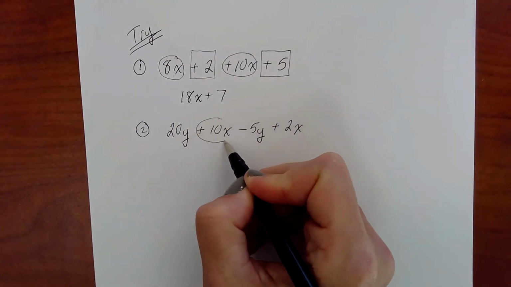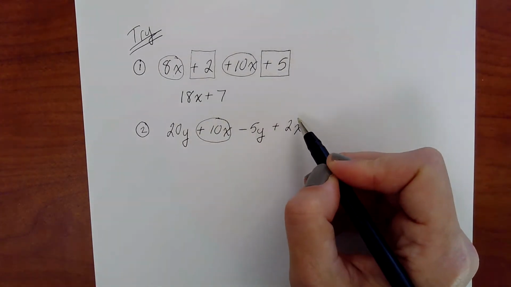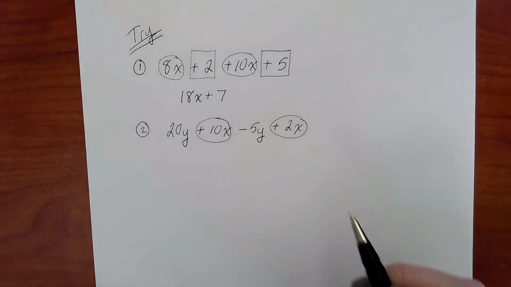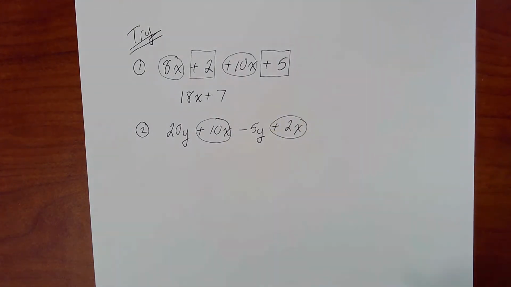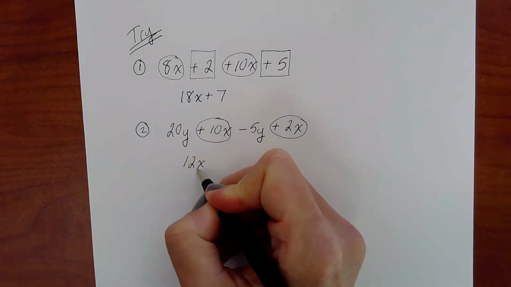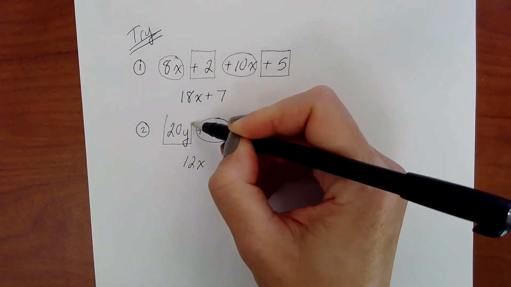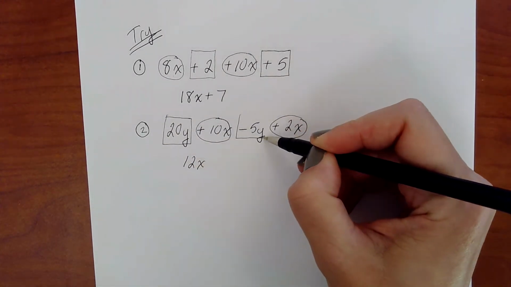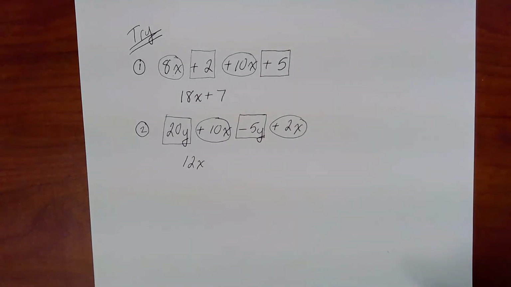So there's a positive 10x with a positive 2x. So that's 12x. Now I've got a positive 20y, and I'm thinking of that with a negative 5y, or a minus 5y. So you're going to ask me, excuse me, is that a minus or a negative? And my new answer is yes.